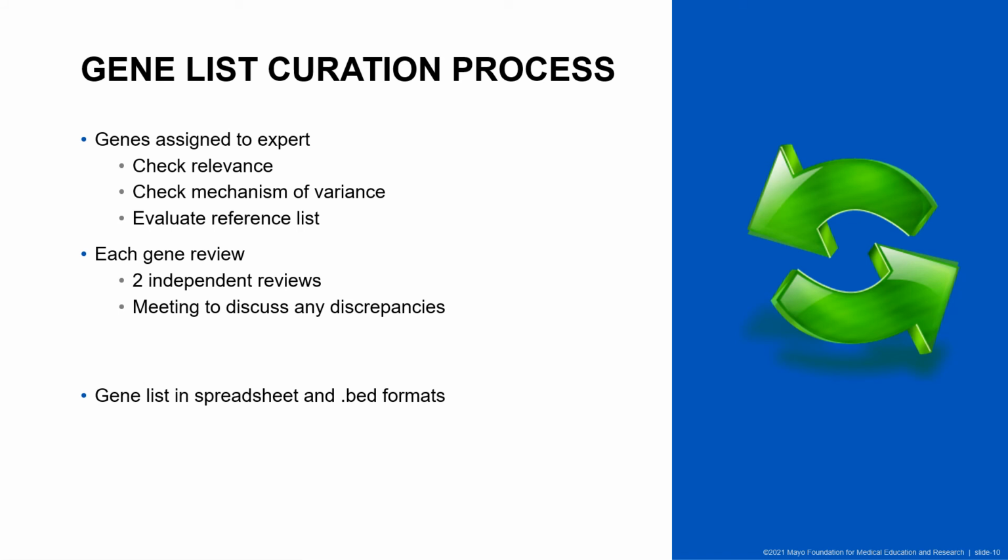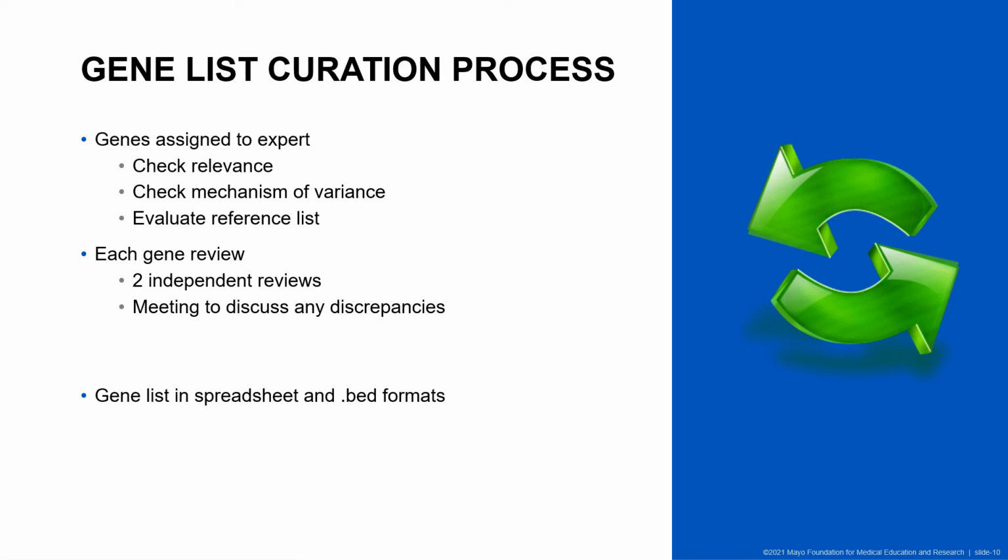So now that we've defined the elements of what needs to go into a gene list, we can start curating these lists. And so what has happened is genes are assigned to experts that check the relevance of the gene, check the mechanism of variants within that gene, and evaluate the reference list.